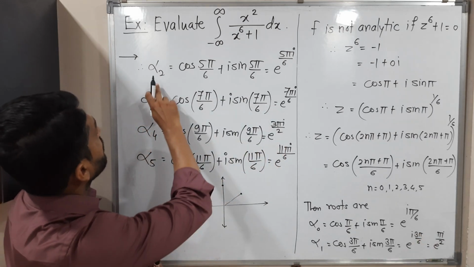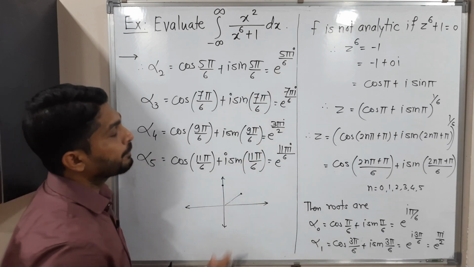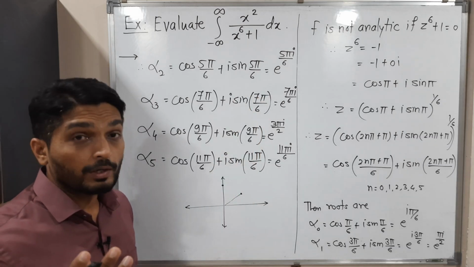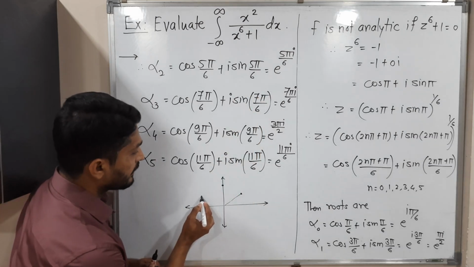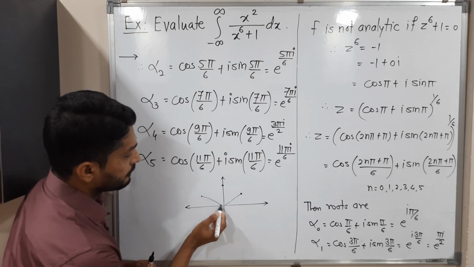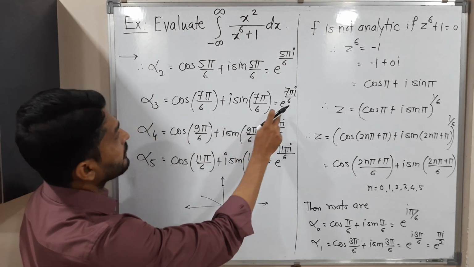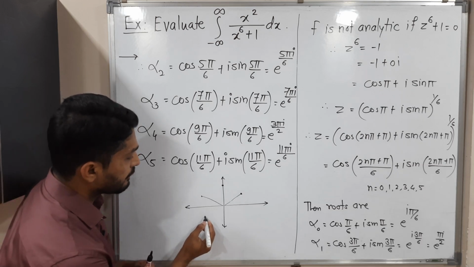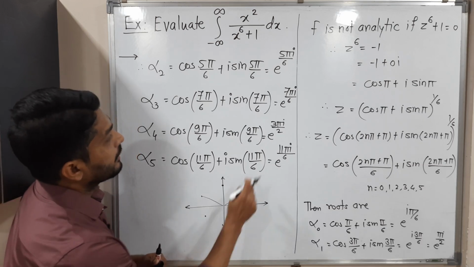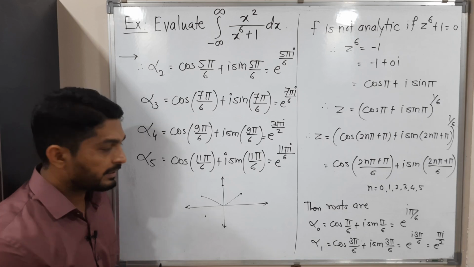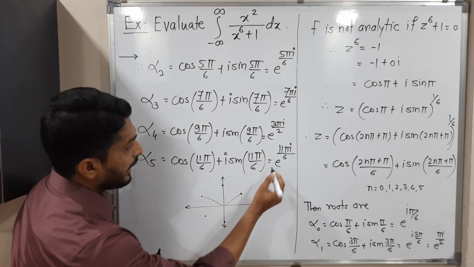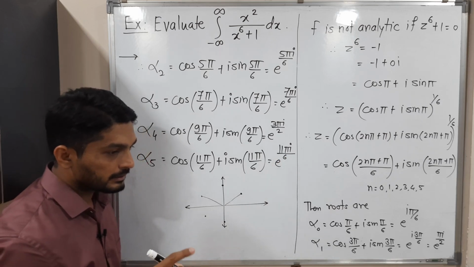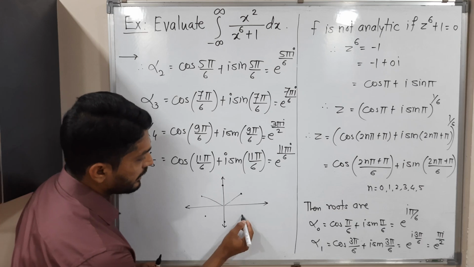Alpha 2, 5 pi by 6 means 150 degree, somewhere here. Alpha 3, 7 pi by 6, 210 degree, it will be here. 3 pi by 2, that means 270 degree, it will be here. And 11 pi by 6, somewhere here.